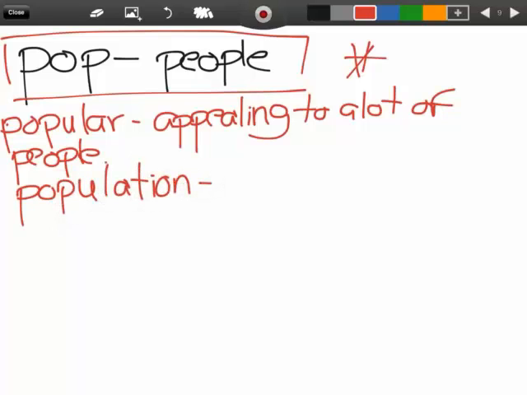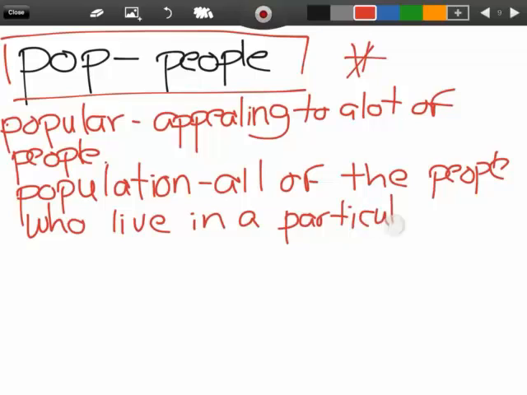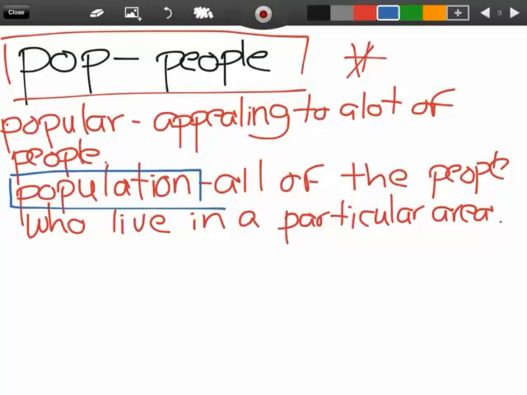I'm going to go ahead and give you the definition, which means all of the people who live in a particular area.